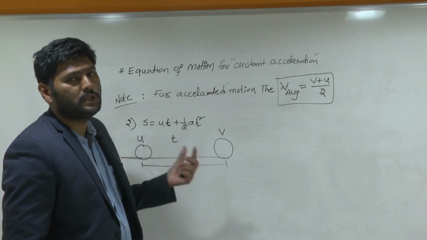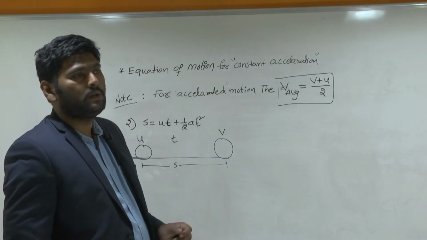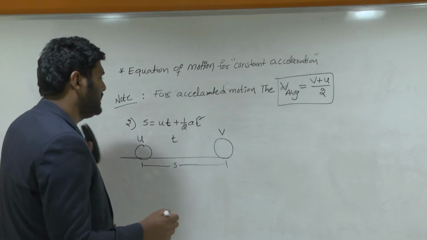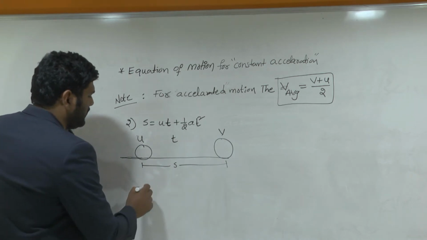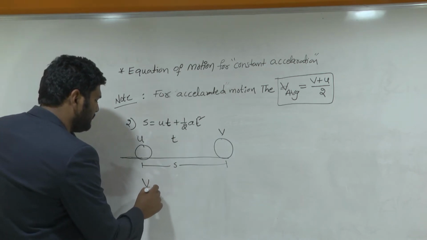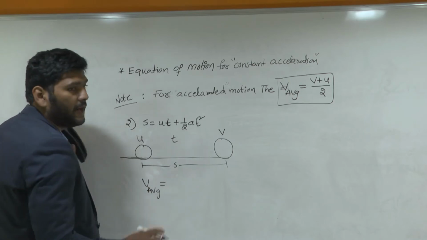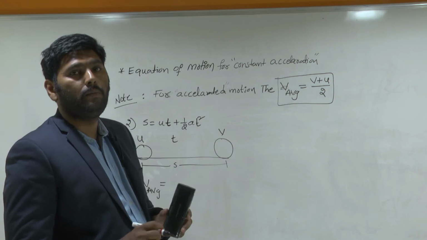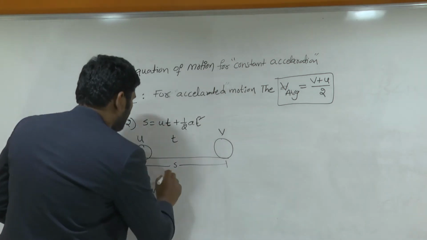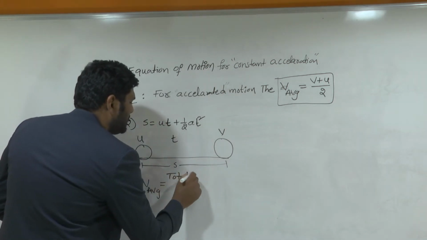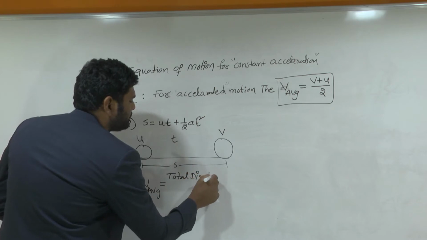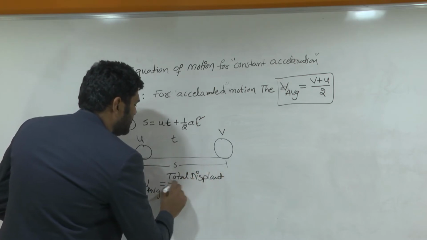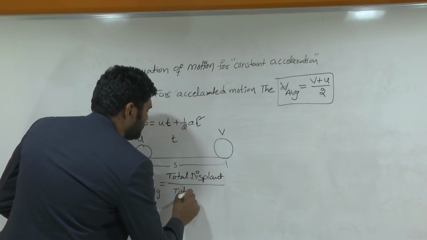You will derive this s displacement by using the formula of average velocity. What is the average velocity? Generally, average velocity means total displacement by total time taken. Write down: total displacement by total time taken.